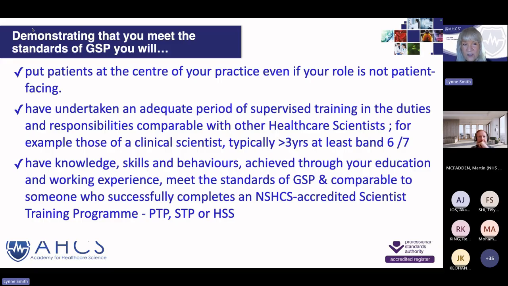So the patients are at the centre of our practice, which is why GSP is at the centre of our practice.